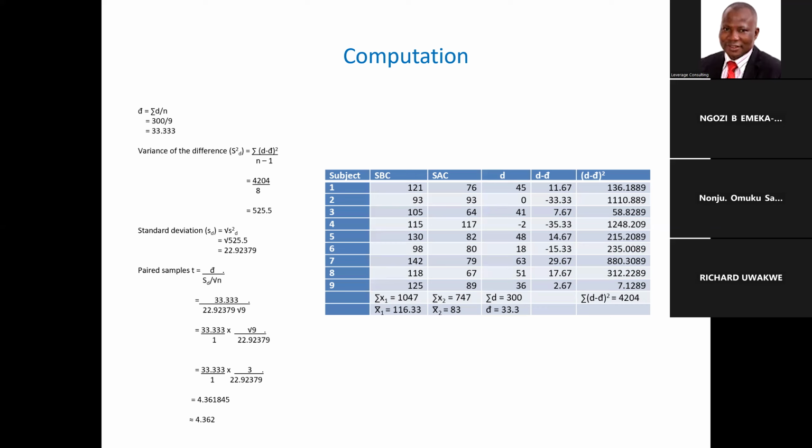So when you change it, that becomes 33.33 times root 9 over 22.92. At the end of the day, it gives you 4.362. That is the paired T, not standard deviation.